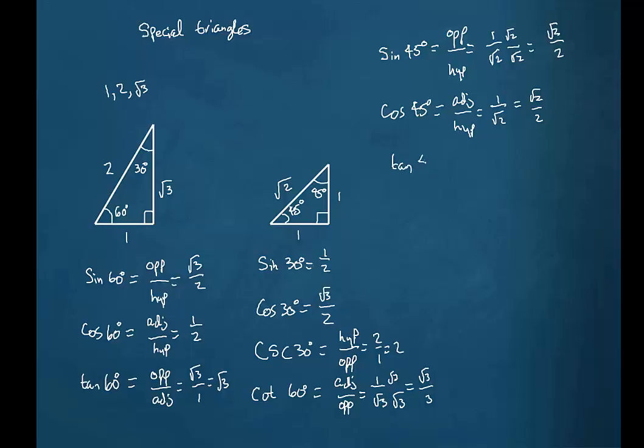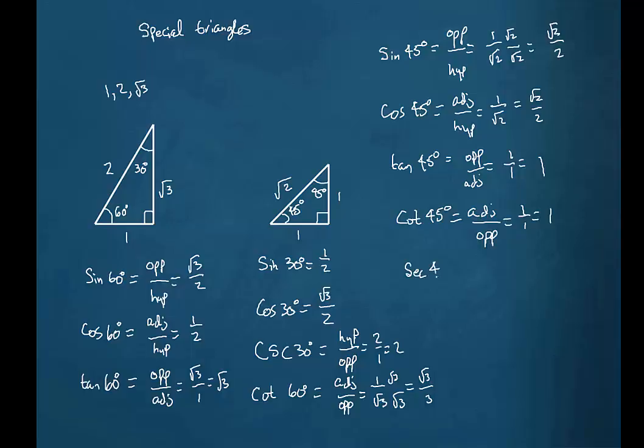The tangent of 45 degrees, which is the opposite over the adjacent, would be 1 over 1, or just 1. The cotangent of 45 degrees would just be the inversion of the tangent, so adjacent over opposite, but that's still going to be 1 over 1, or just 1.